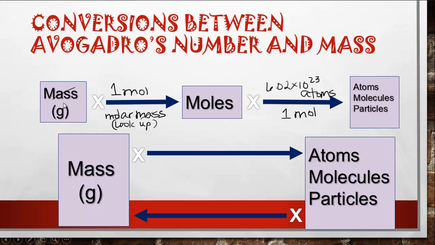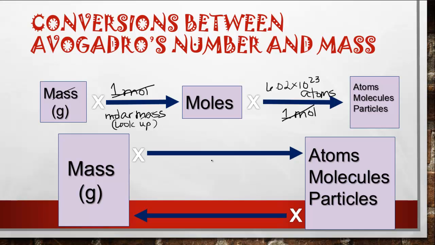Well, if you notice something in here, you have 1 mole here, and we have 1 mole here. Well, this is on top, this is on bottom, so they're going to cancel out every time we do this equation. So since this is a relationship in 1 mole, and this is a relationship in 1 mole, we can actually shorten that and combine it into 1 conversion factor instead of doing 2 conversion factors.